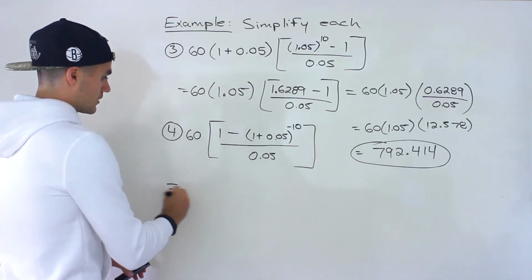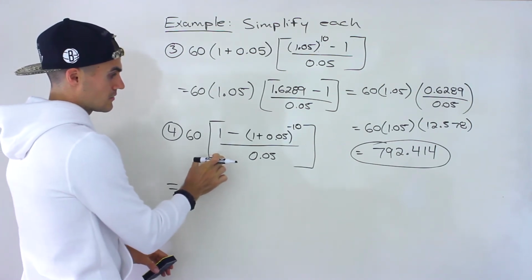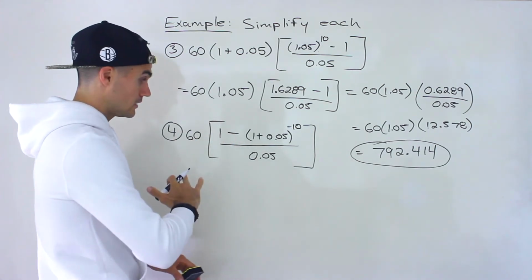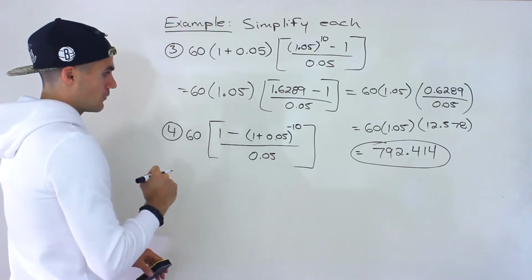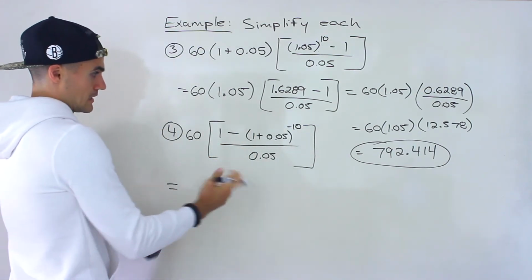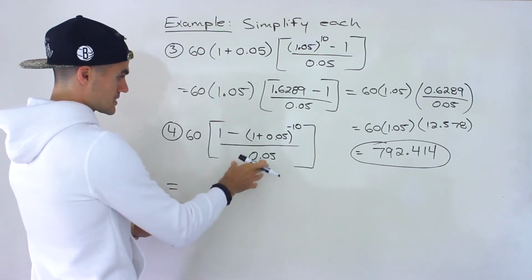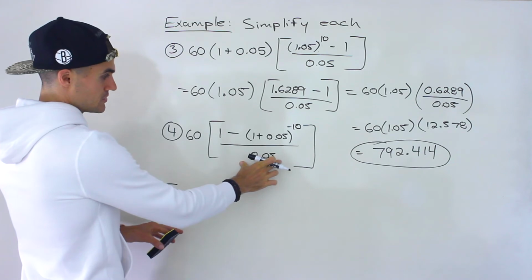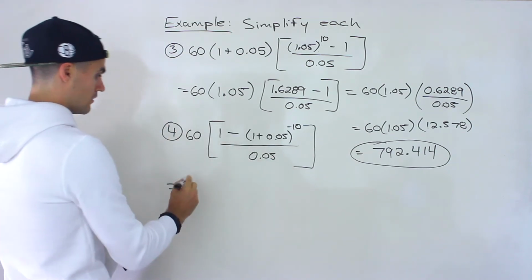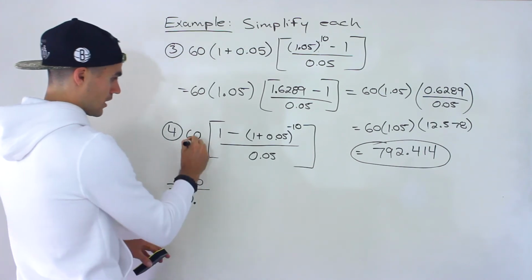Now number 4, probably the most complex out of all of them, this here is called the present value of an annuity formula. And what makes it complex is this exponent -10 here. So this is one way that it's shown. A lot of these formulas sometimes too, they'll take this 0.05 and they'll factor it out and put it under this.